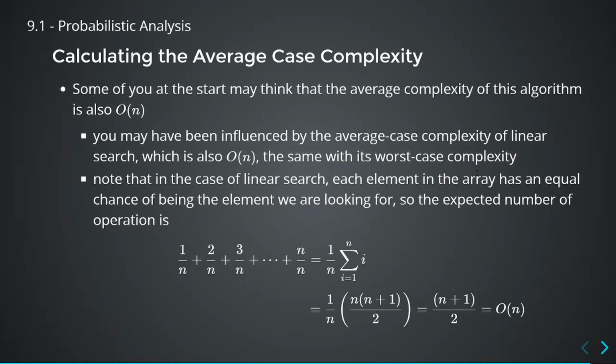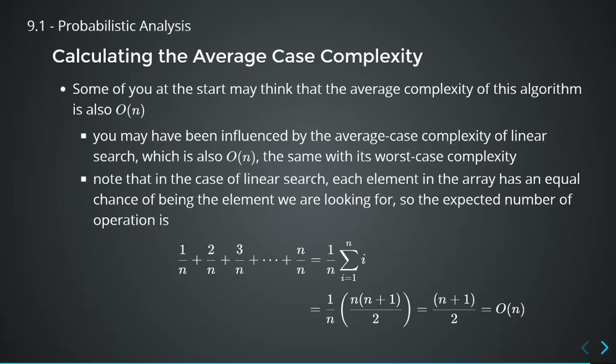In the case of linear search, it's not that. And here the operation is just the comparison operation, because you just compare, and if it's the same one, you finish, right? So every element has 1 over n chance of being the element you're looking for.